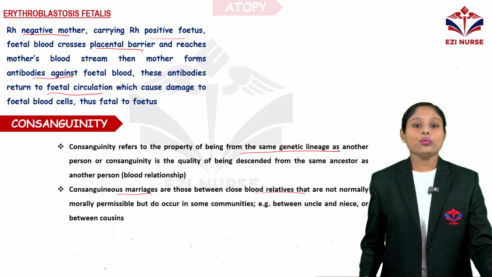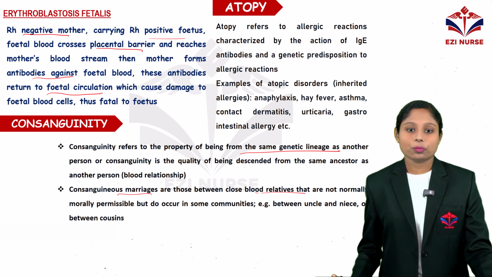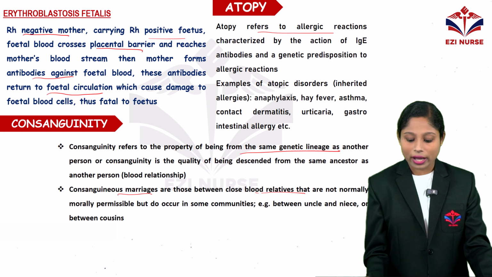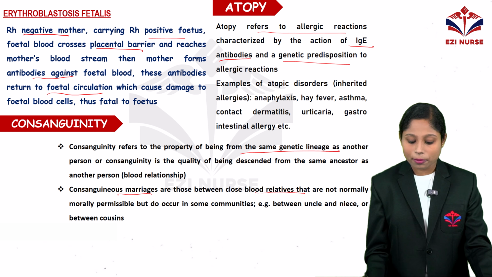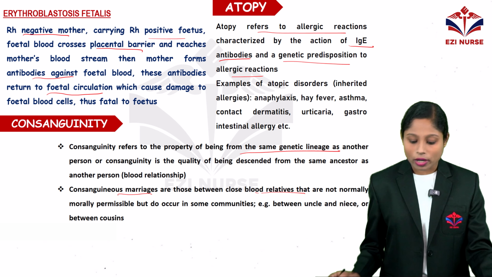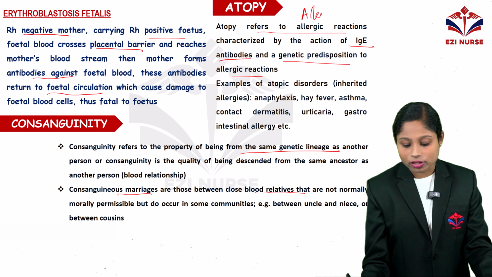Yes. Now, we are moving to another important question, atopy. What is atopy? Atopy refers to allergic reactions characterized by the action of IgE antibodies and a genetic predisposition to allergic reactions. So, atopy is nothing but allergic reactions.